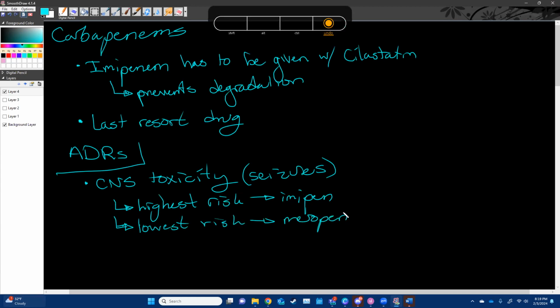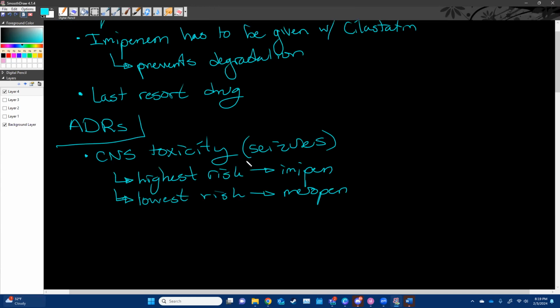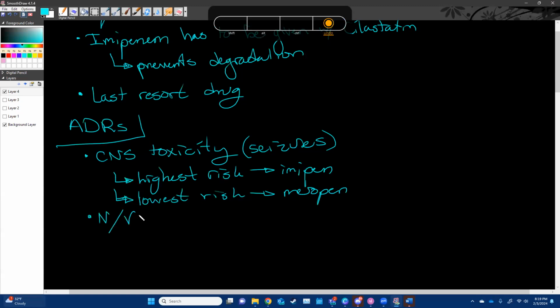Does that mean you're not going to have it with meropenem? No. You will still have some pretty significant seizure activity. Pretty significant nausea, vomiting, diarrhea associated with them if someone is to get it. Lots of GI upset, that sort of thing.